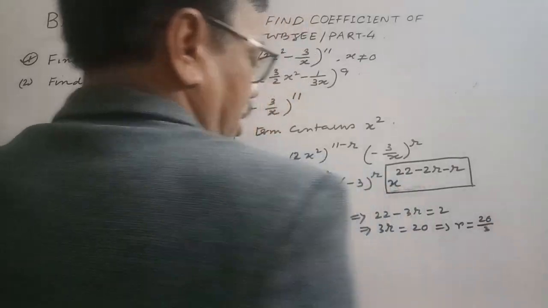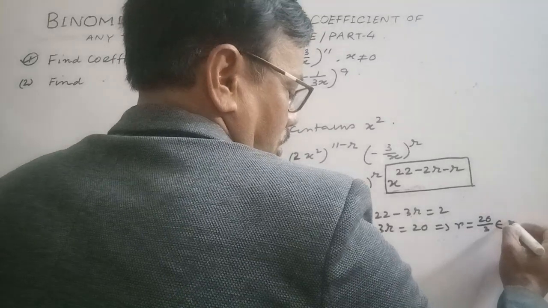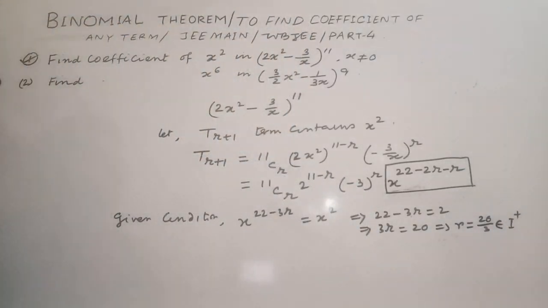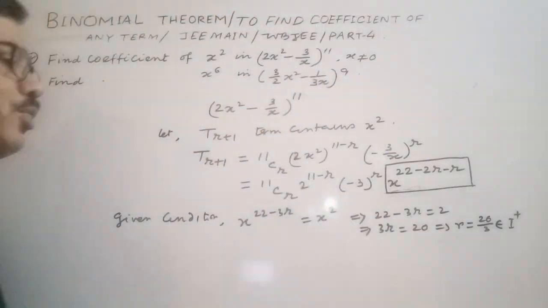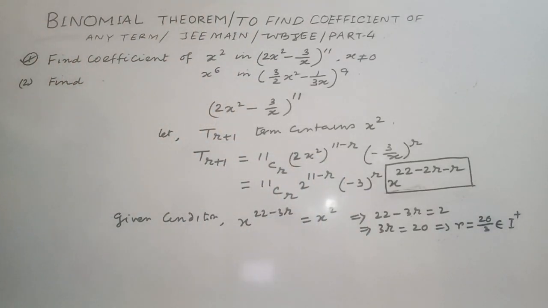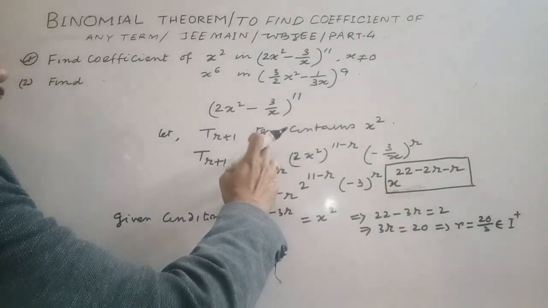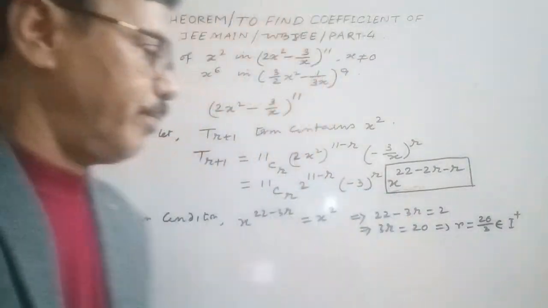So, this is not integer. It does not belong to I plus. This is not a positive integer. Term cannot be fractional. So, we are not getting any integer value of r. So, there is no term involving x square.